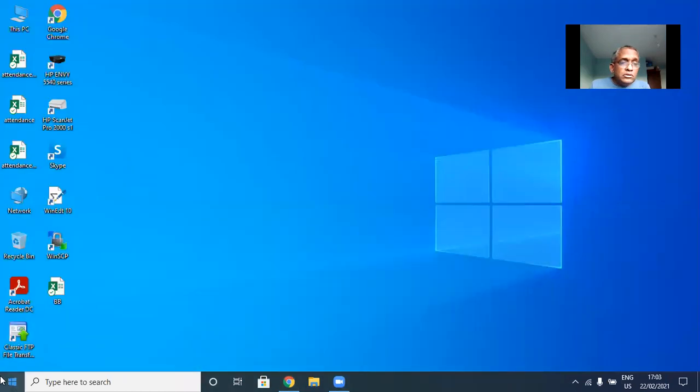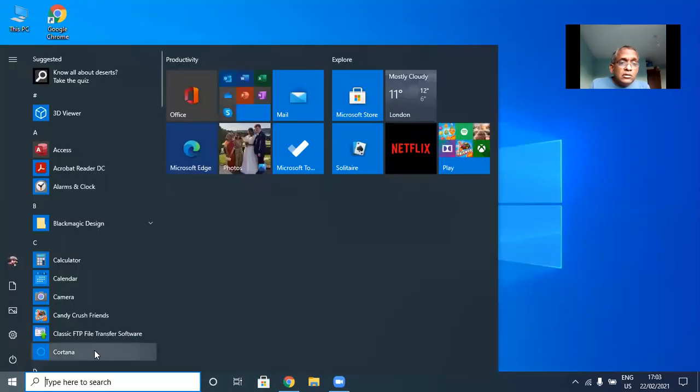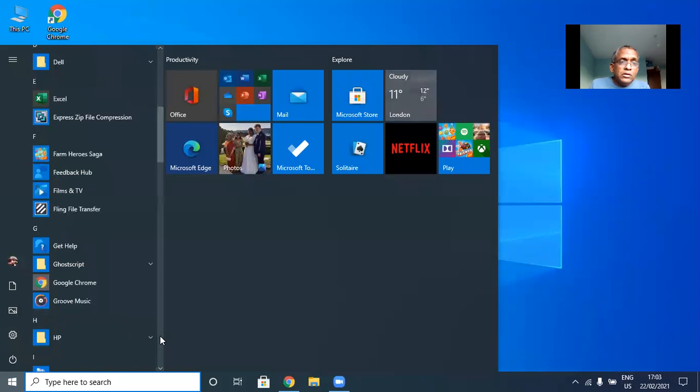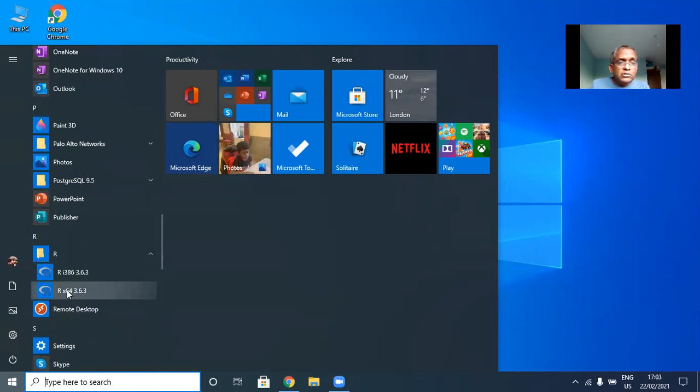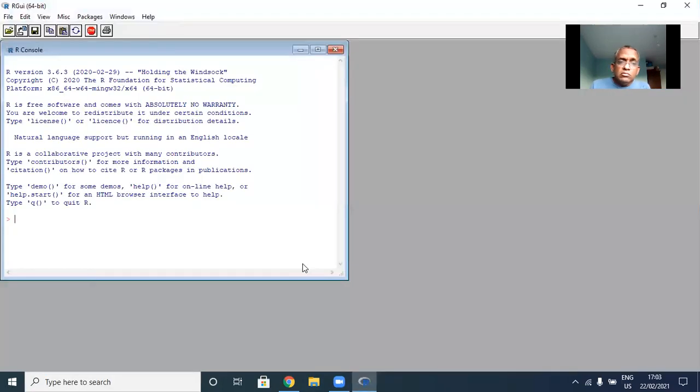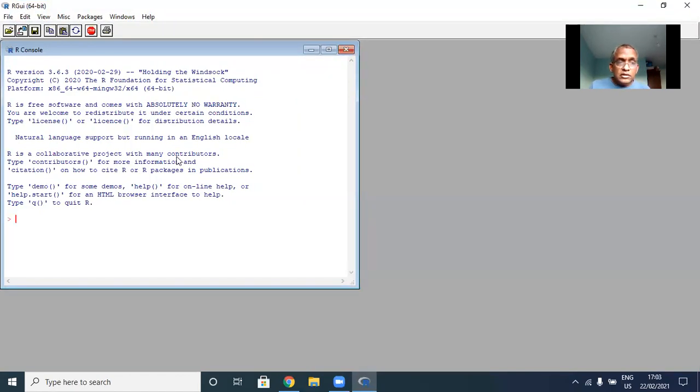You go into your start button, scroll down, choose R, click on R here and choose 64. This is the window that you will get. Now the first thing is I'm going to talk about how to use the rep command, REP.